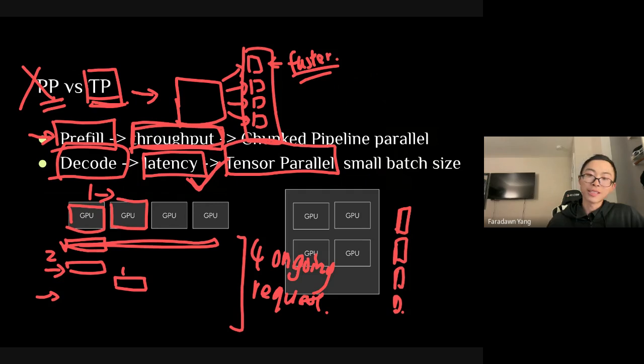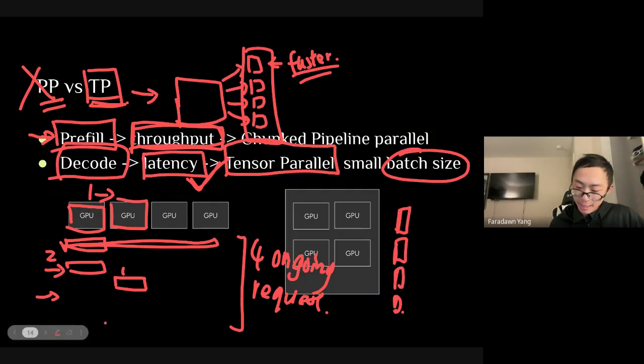So now a question for all of us. Should we use a big batch size for prefill or a big batch size for decode? For decode, what does batch size do?